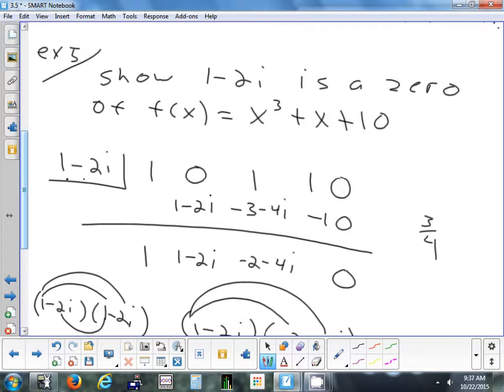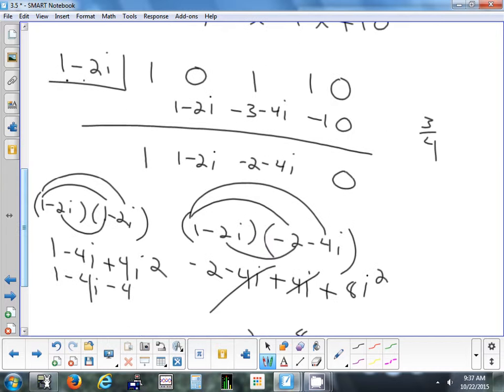Can you multiply out the 1 minus 2i squared again? Yeah. So you have 1 times 1. 1 times negative 2i is negative 2i. And then 1 times negative 2i is another negative 2i. So that's negative 4i.